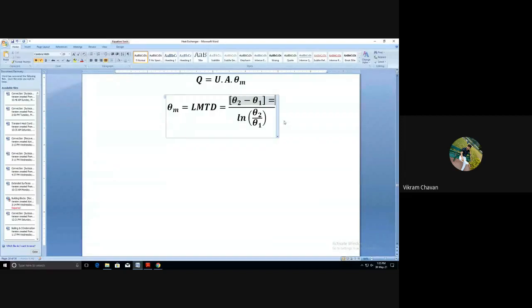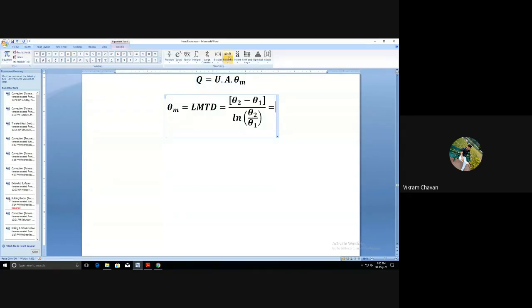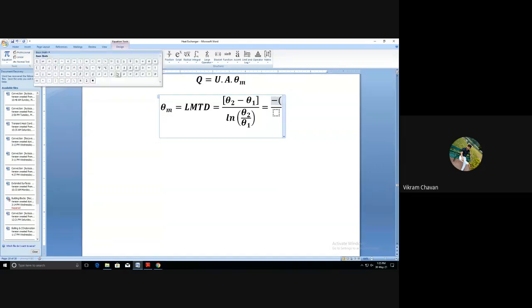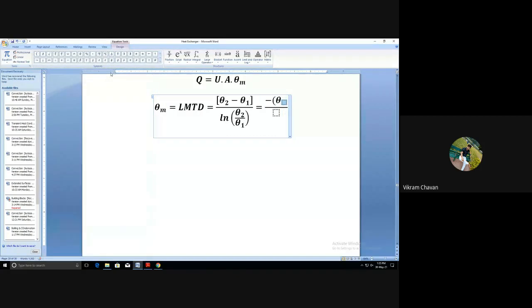If you take the minus sign common from the numerator, it will be minus inside the bracket, theta 1 minus theta 2.